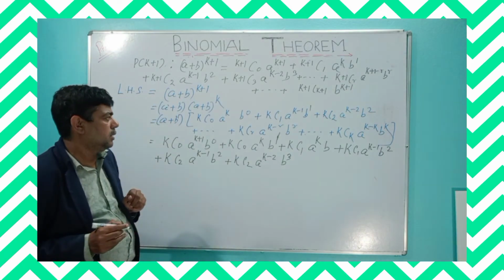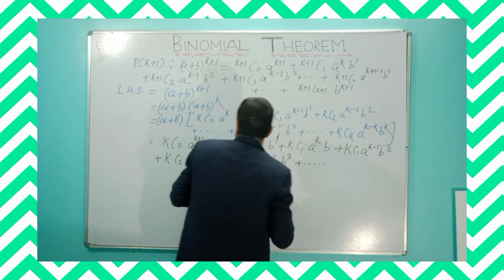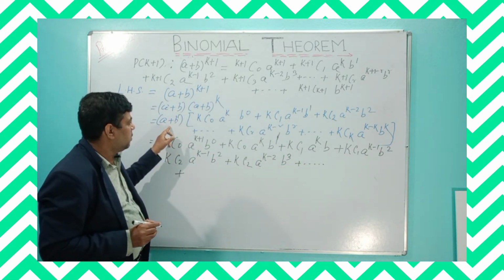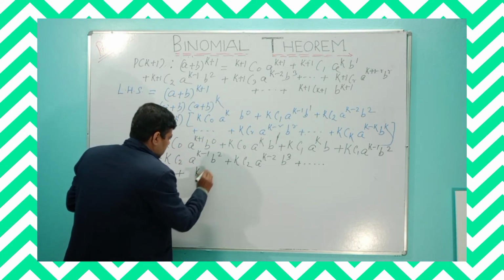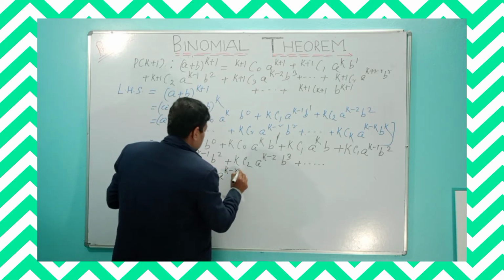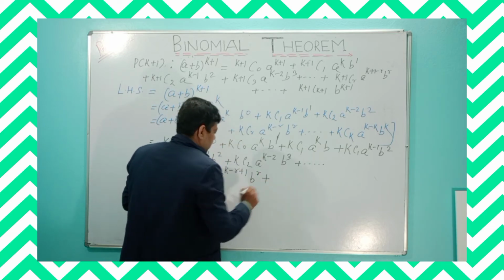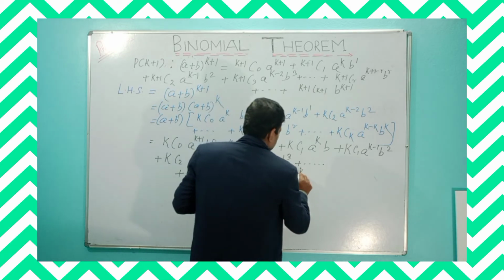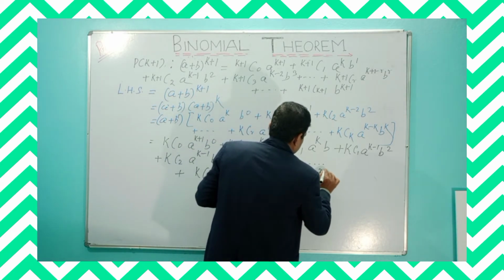Is it clear? Understand? In the same process, if you multiply here, a is multiplied with kcr a to the power k minus r plus 1 b to the power r, plus kcr a to the power k minus r b to the power r plus 1.